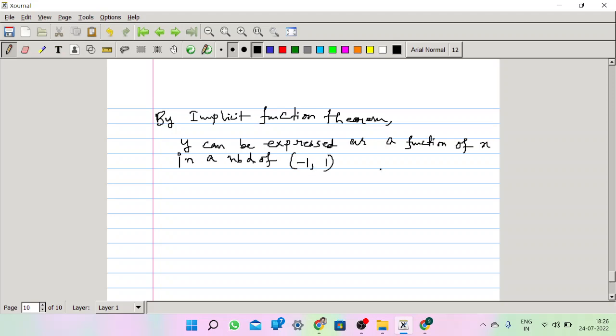So option B is true. Option B is right. Now for option C, I will check the same property around the point 1 comma 0.